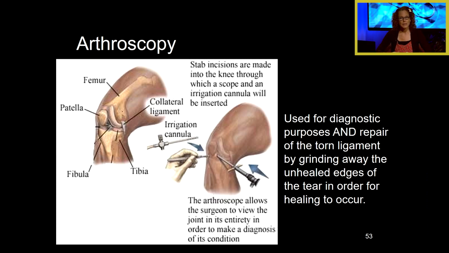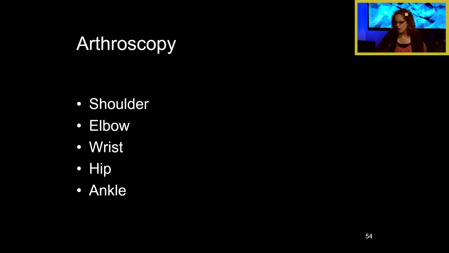So the healing time is a bit quicker and we have less risk for infection by doing it this way. We can do arthroscopies on shoulders, elbows, wrists, sometimes hips, and ankles. So it's not just the knee that we can do this type of procedure on, but other joints as well.